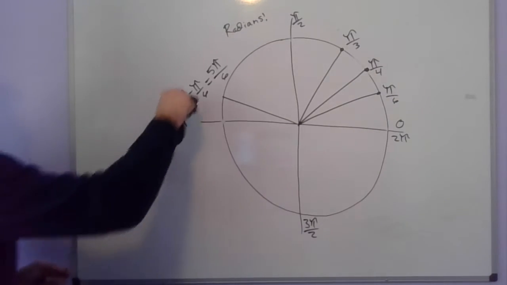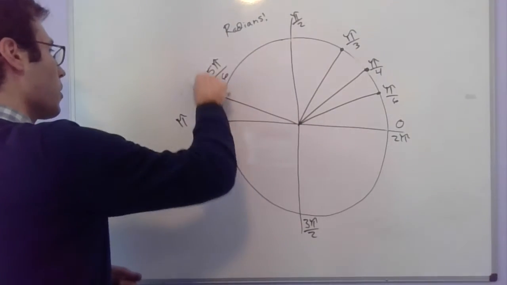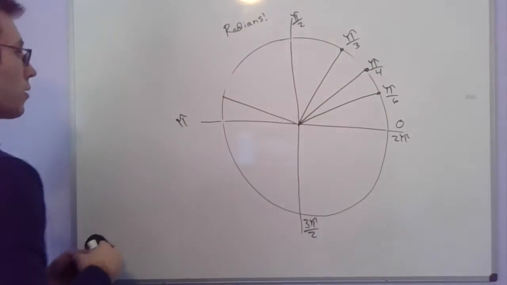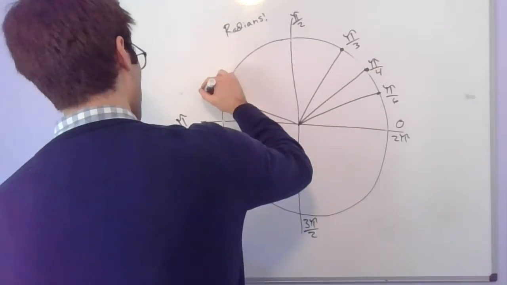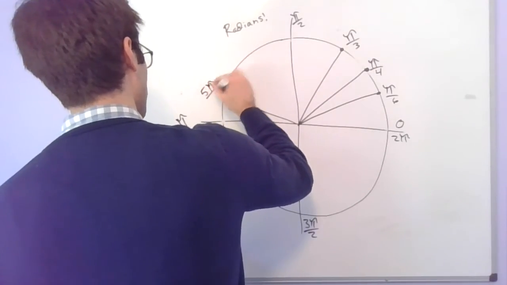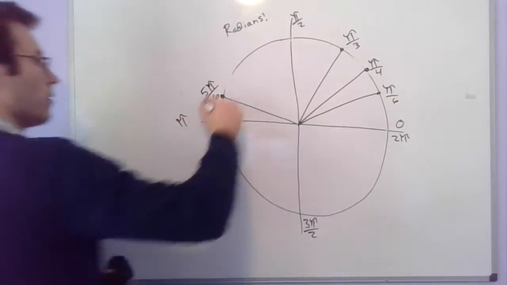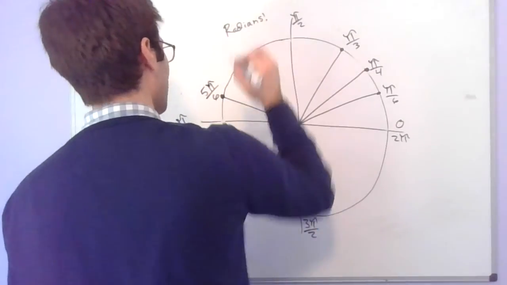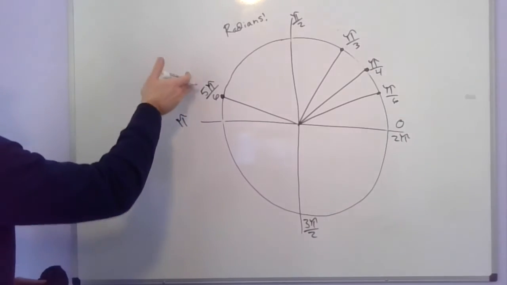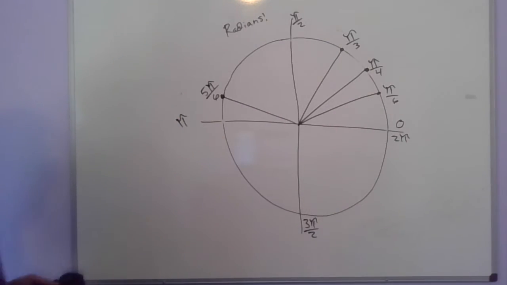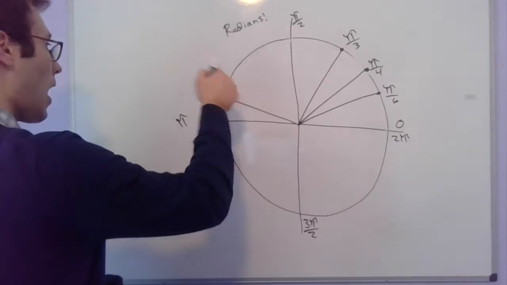I suggest you erase your scratch work. Your scratch work is your scratch work. It becomes cluttered if you leave it. Your goal is to get it into this form. So this is 5 pi over 6. Now, 45 degrees is the same thing as saying pi over 4.